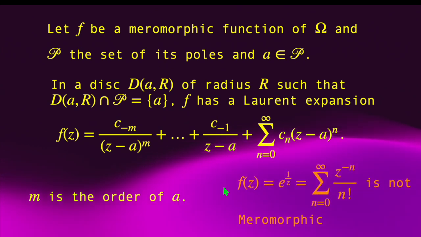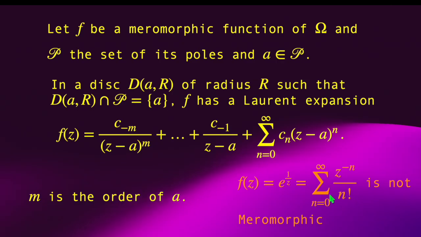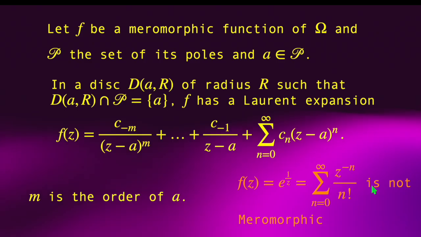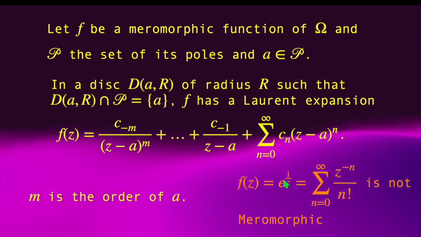If you take the function exponential of 1 over z, you see that it has a Laurent expansion, but the Laurent expansion goes to minus infinity. It's holomorphic on C star, but near the singularity it explodes.